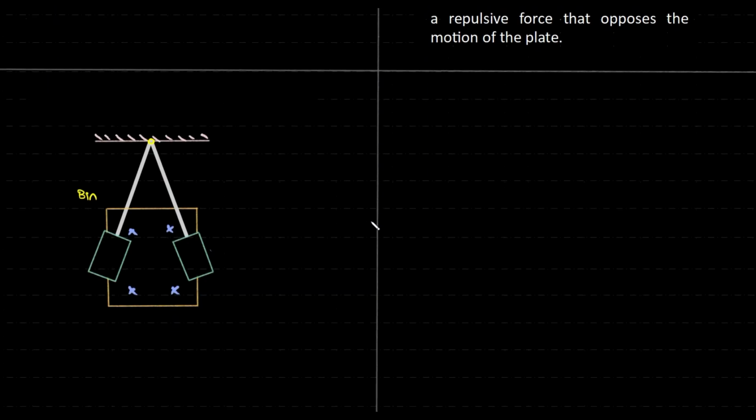Okay, so let's look at it practically. What is it that we are looking at? We have a plate attached to something that can swing. So this is, say, case A and case B. It's the same plate moving in this direction, say to the right. That's the direction of motion. And we have the magnetic field line going in.